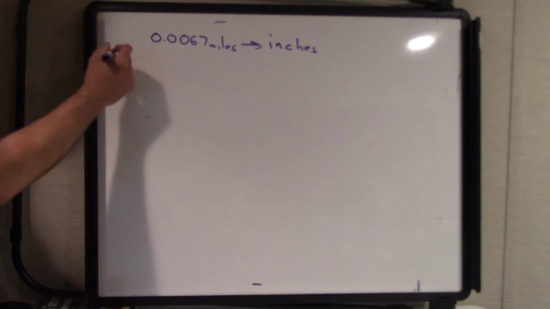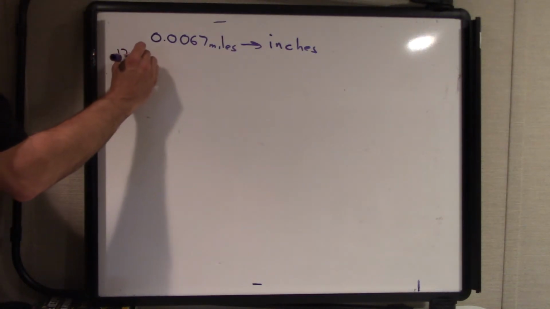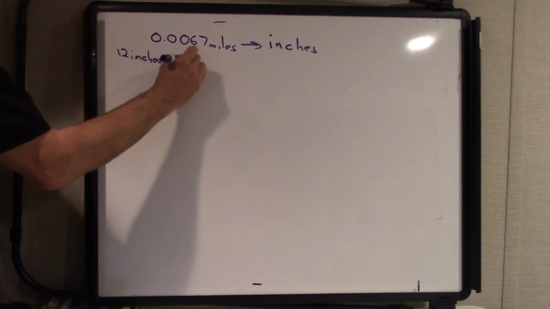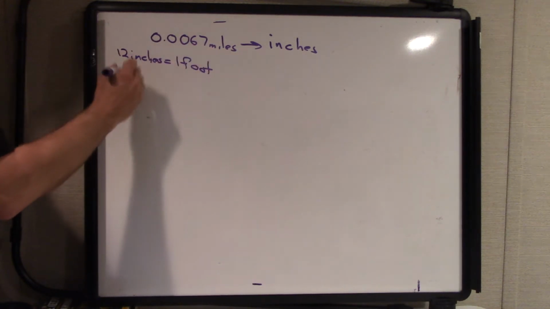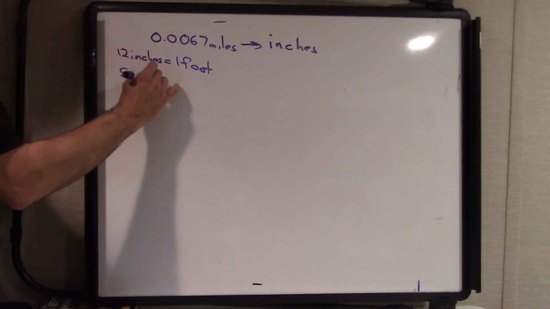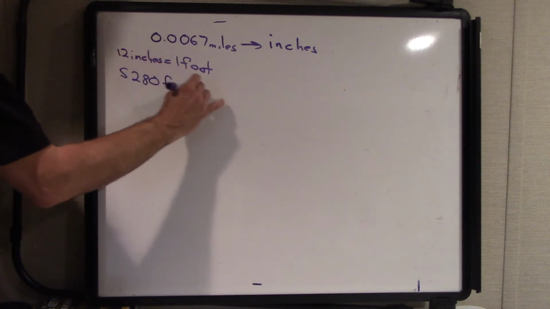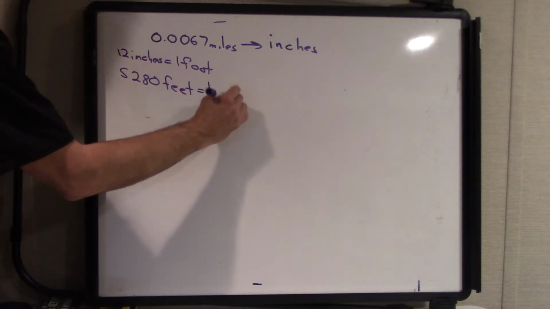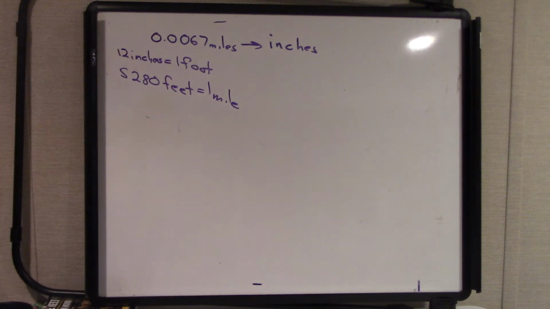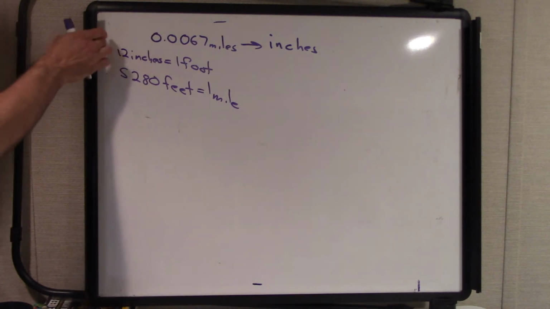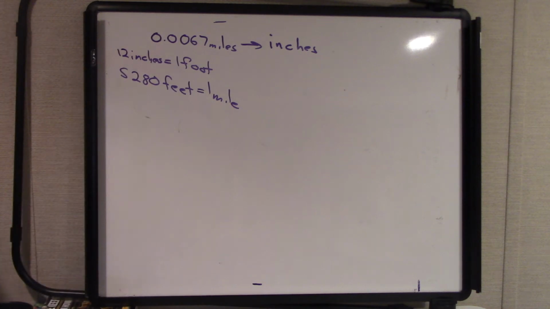So some things that would be provided for us: 12 inches in a foot, 5,280 feet in a mile. Those would be provided for us already, because these are both English to English conversions. You don't need to memorize any English to English conversions.